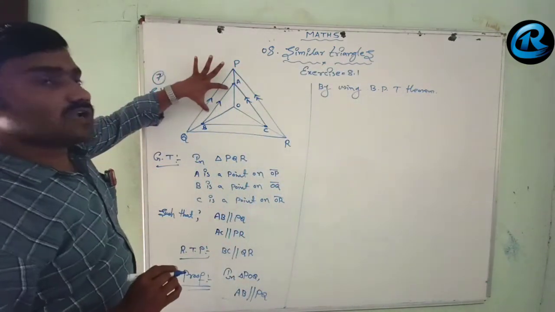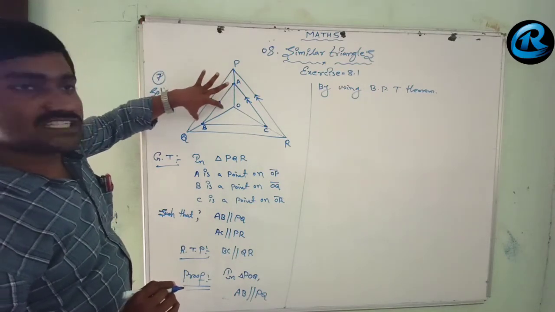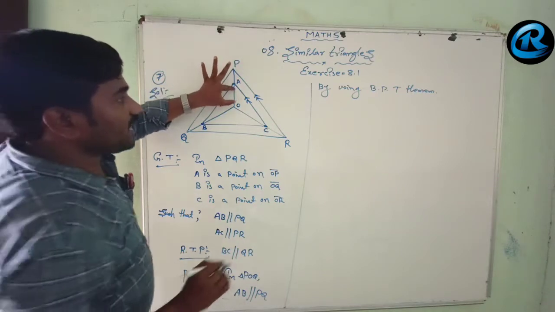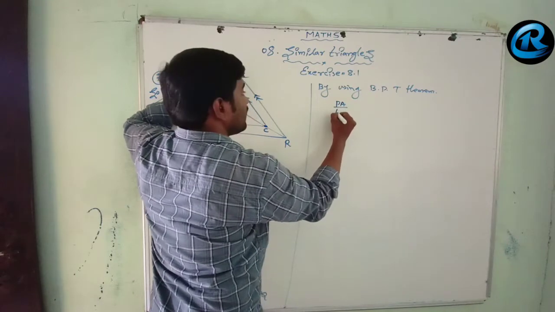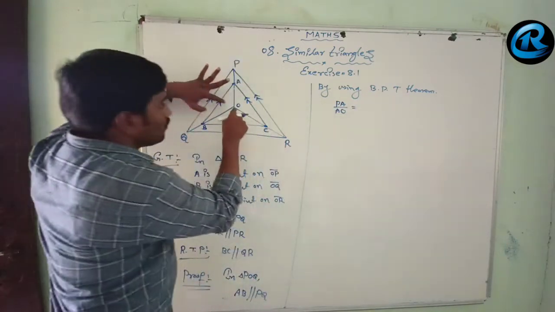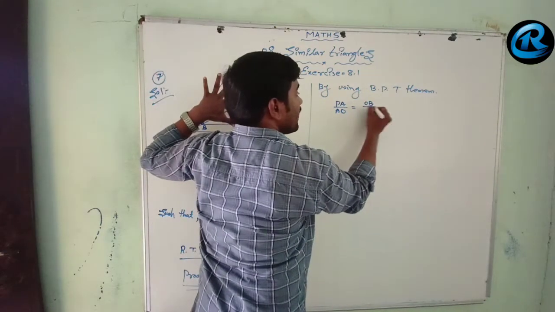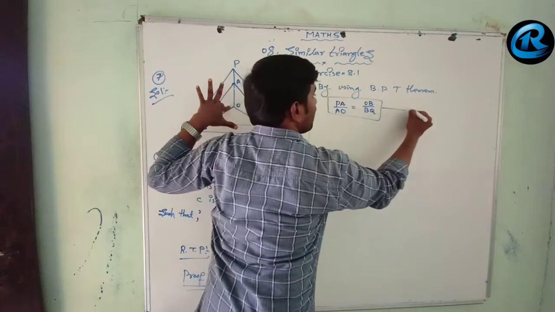This line is parallel to the one side of the triangle and it divides the other two sides in the same ratio. No? So we can write here PA by AO, which is equal to OB by BQ. It is equation number 1.